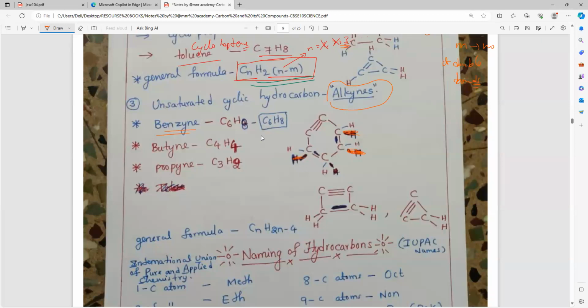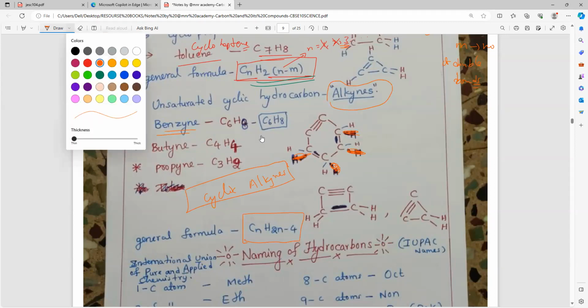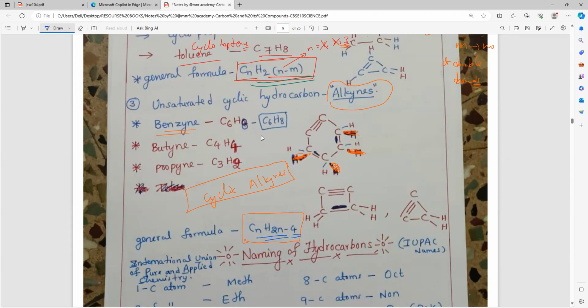So you have to be very cautious about it. And what is the general formula of cyclic alkynes? Nothing will be there in the book. You have to learn. Make it quick: CnH2n-4.